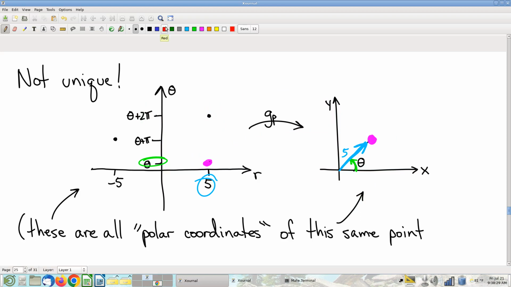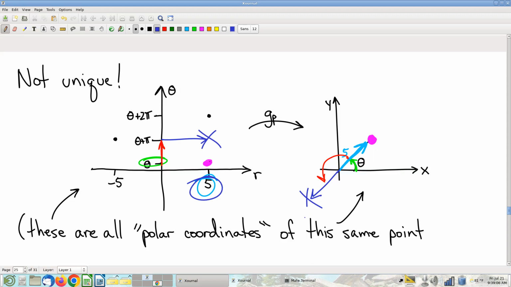Here's another issue with uniqueness. What if we do not a full turn? What if we do a half turn? Well, a half turn would have us pointing the other direction, that way. If I were to go 5 in that direction, that would have me over here, which is not the correct point.